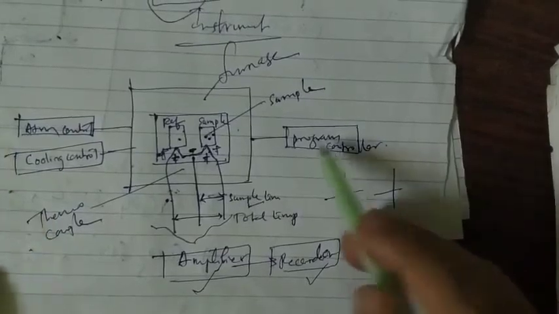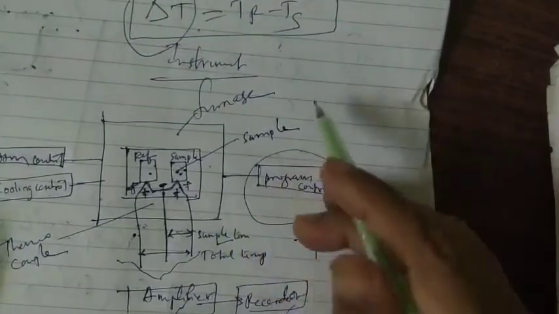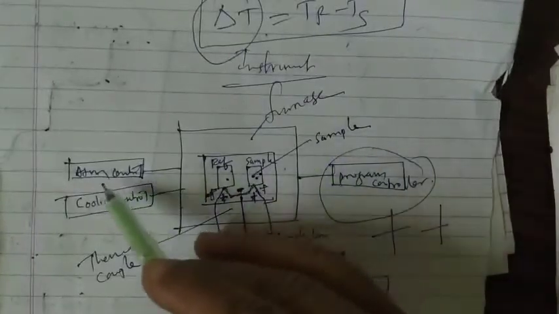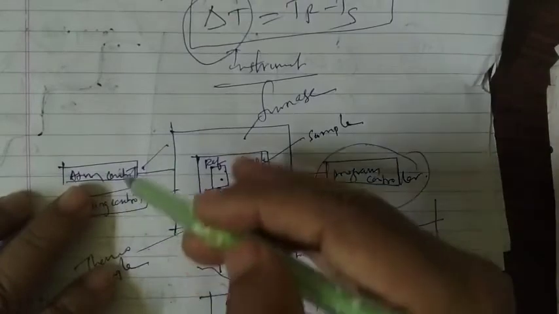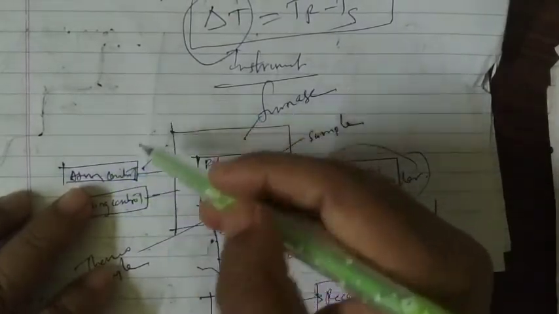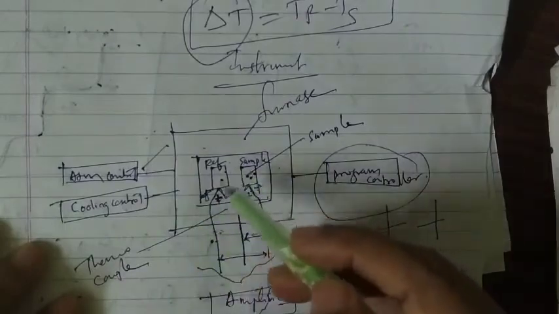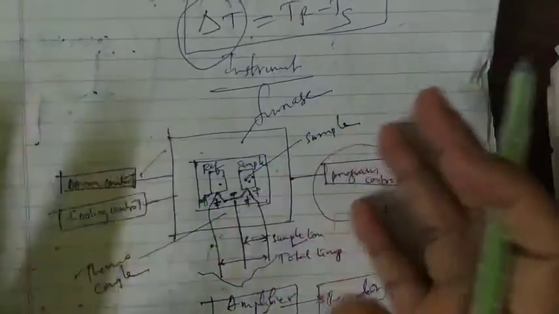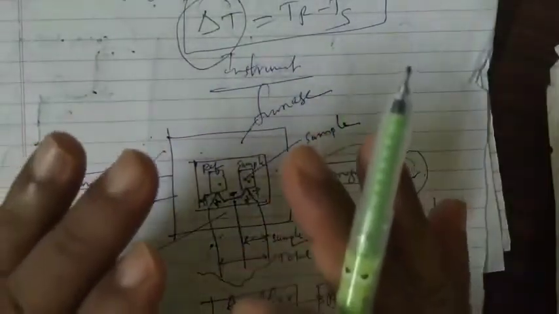As I said, this has been programmed, temperature controlled, and you have atmospheric control also. Either you use static air or dynamic air or inert air is maintained here, and the heating control is also there, so as to maintain the constant, optimum temperature.